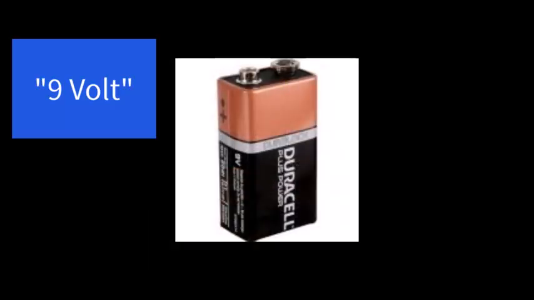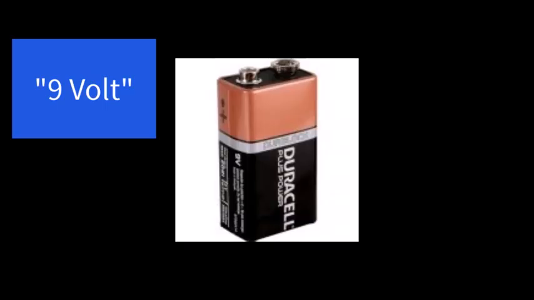Next, we have the ever popular 9-volt battery. Now, as you can see by the picture, 9-volt batteries have a rectangular boxy shape. And inside of that boxy shape, actually, there are several different layers of cells. Now, I'm not going to take this apart, and you shouldn't either. Notice that on a 9-volt battery, the positive and negative terminals are on the same end.